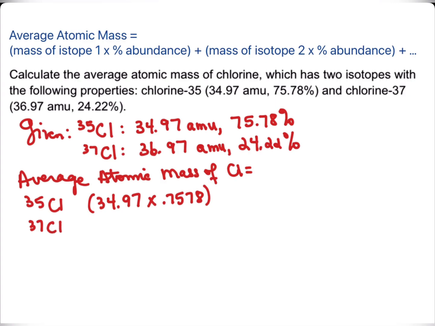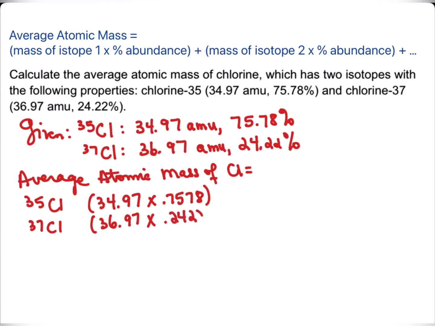We're going to do the same thing for the second isotope. 36.97 is my mass times the percent abundance. Now for percent abundance, we're going to have to convert that to a number. So we're going to have to move the decimal 2 places to the left or divide by 100.